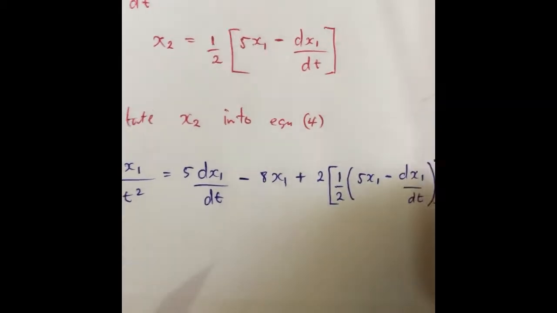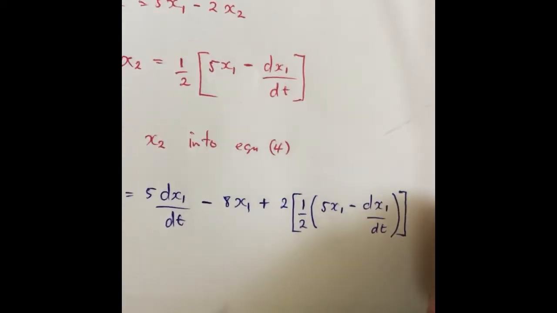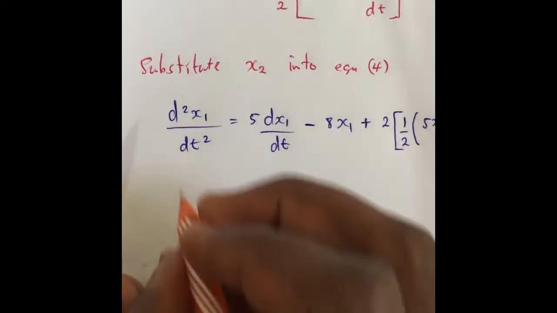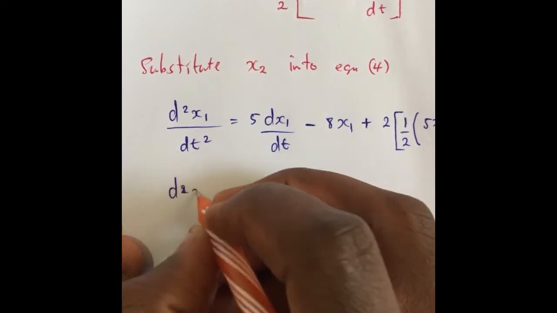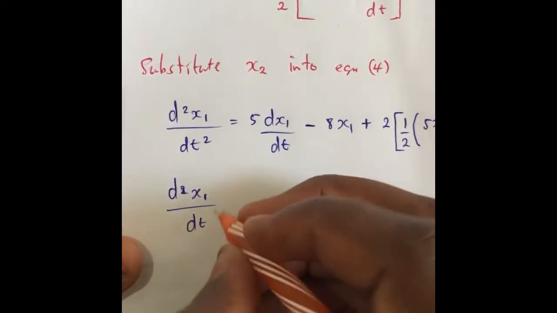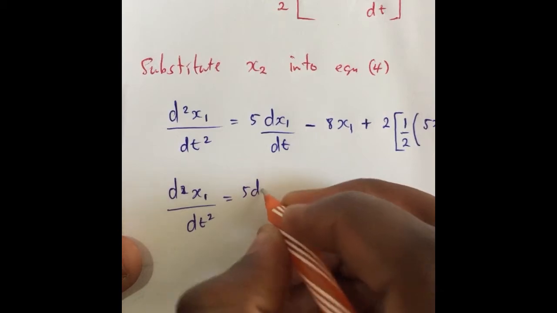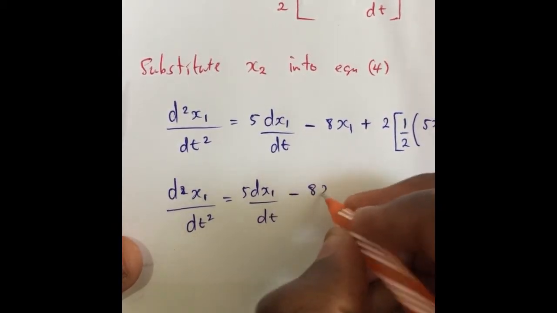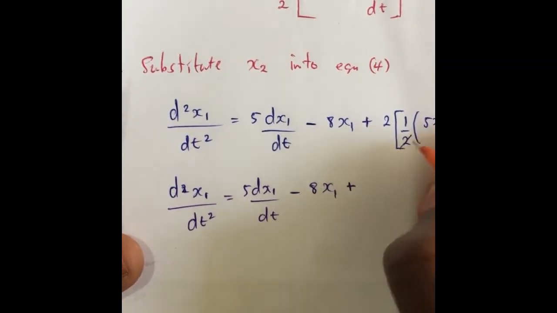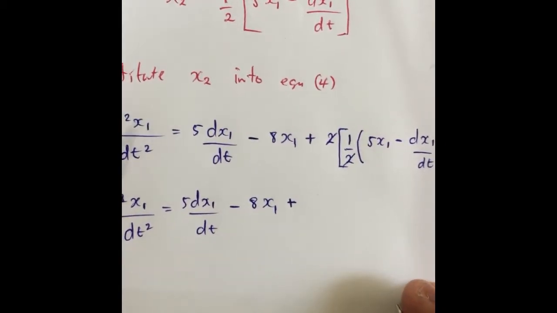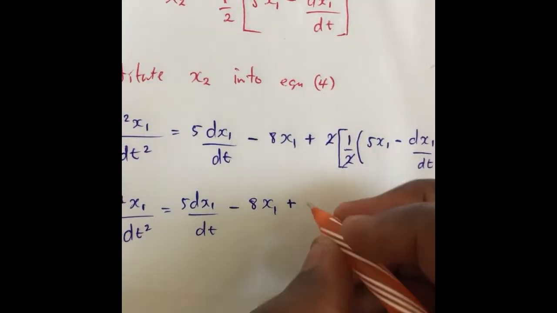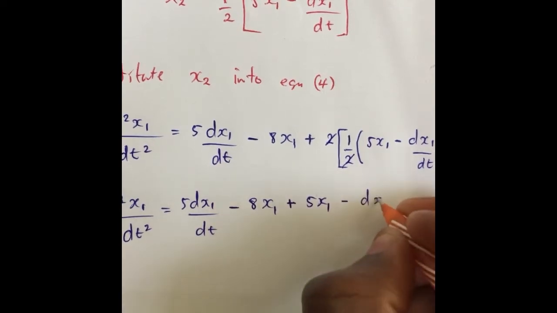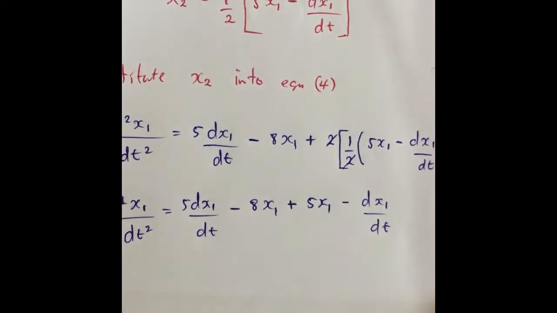So let's call this our equation. Guys, let's simplify it first. Simplifying this, we'll have d squared x1 over dt squared equals 5 dx1 over dt minus 8x1 plus this one cancels with this. If that cancels, then we'll be remaining with 5x1 minus dx1 over dt, correct?